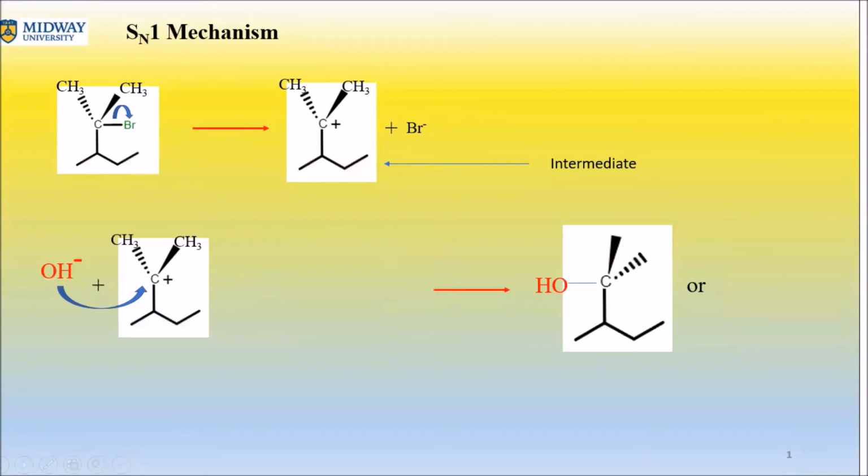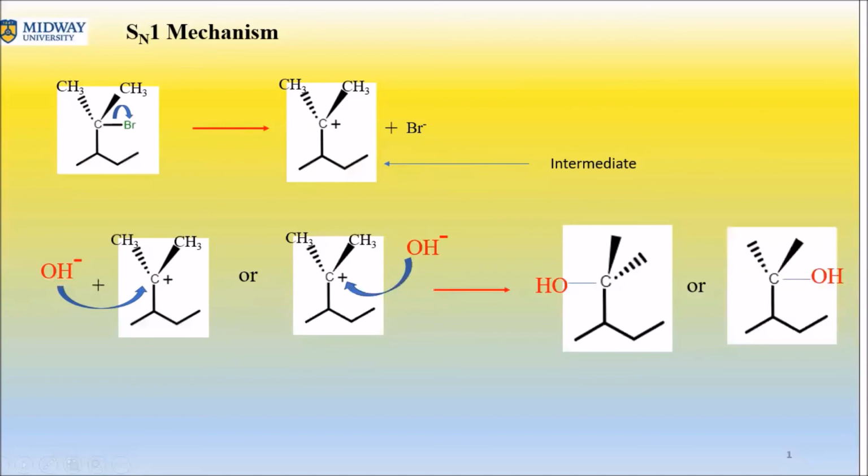Let me go back so I can show you one more time. This is called a backside attack, and normally a backside attack involves inversion of configuration, which is what you see, that the wedge has moved to the other side. Now, if it attacks on the same side where the leaving group has left, that's called a same side attack, and that leads to retention of configuration.